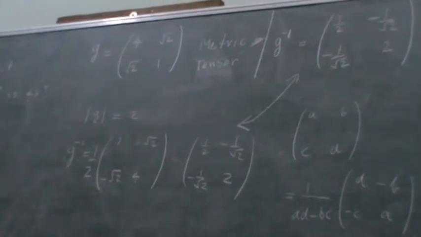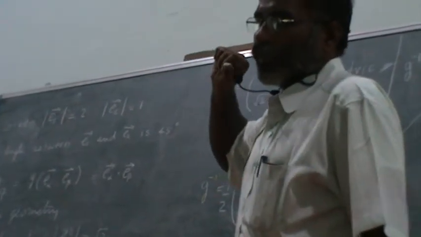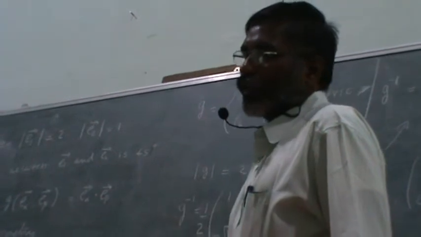So if you take two one forms and define a metric tensor, you will get the inverse of the metric tensor. So essentially, a vector will be transformed into a one form by a metric tensor, and a one form will be transformed to a vector by an inverse metric tensor.